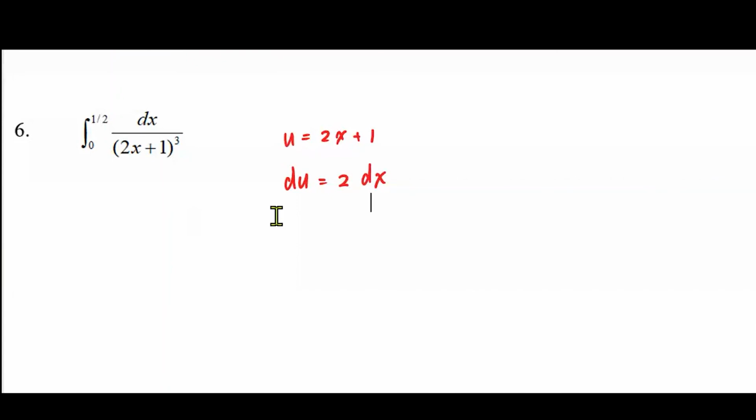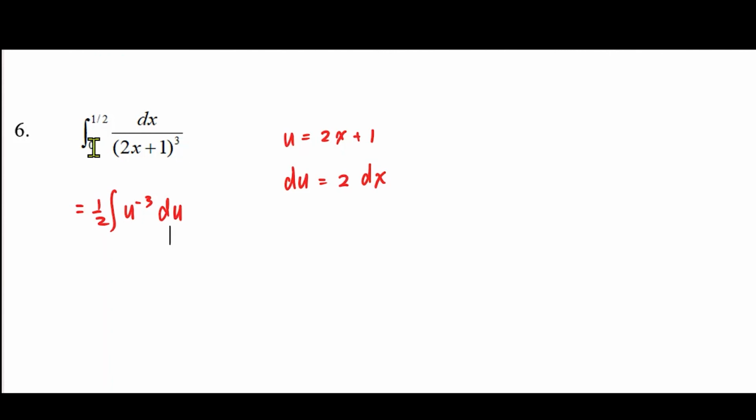Du over dx is equal to 2 is what that says. So far so good. So let's see how this thing transforms then. So the integral of this is u cubed in the denominator, which I will write like that. And dx is du over 2, isn't it? Let's put that 2 on the other side. So adjust it by half like this and du. Are we good so far?